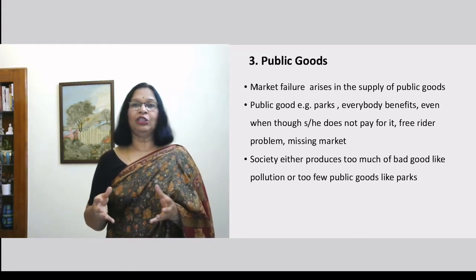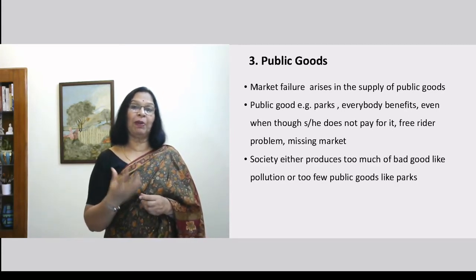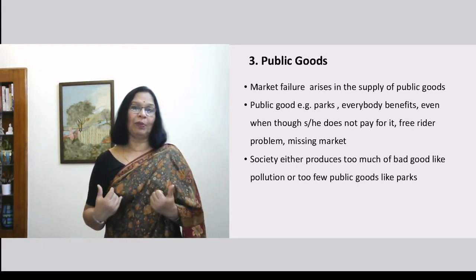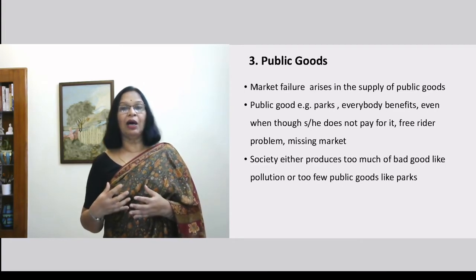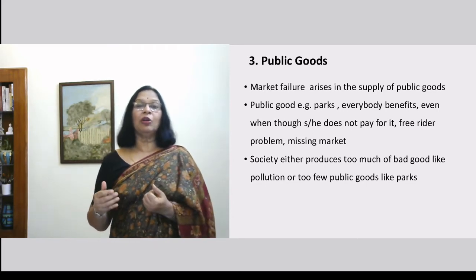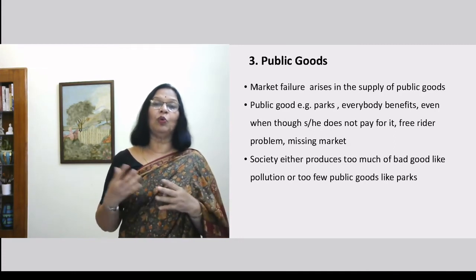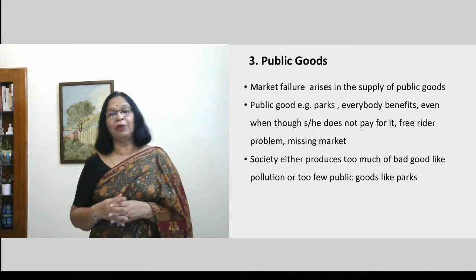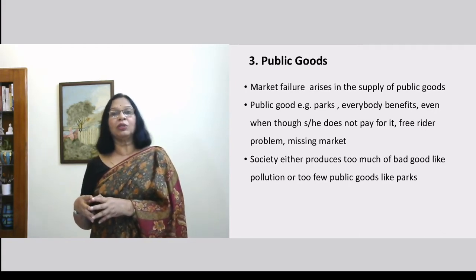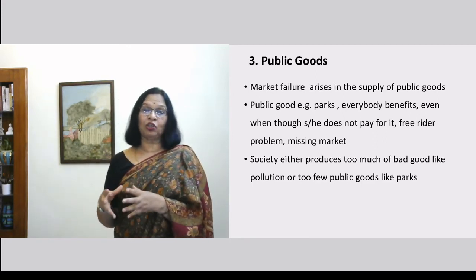Everybody likes to enjoy an evening in the park, but would not like to supply parks. In the sense, people would not be willing to pay for the parks. They are users of the park, and public goods like parks are non-excludable and non-rival. That means if one person uses the park, it does not prevent another person from using the park, and you cannot exclude one person or the other from using the park.